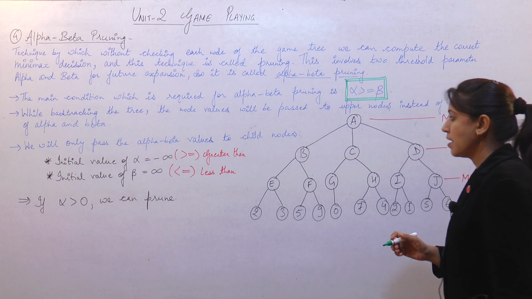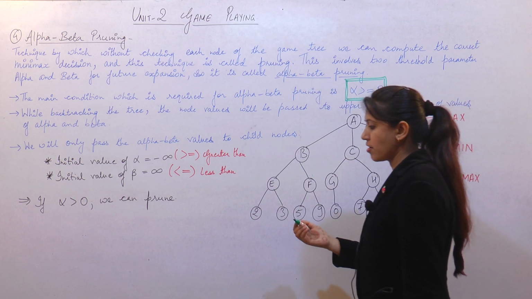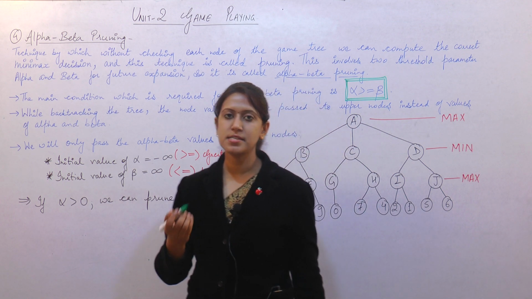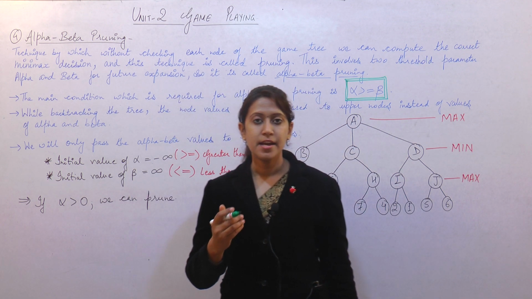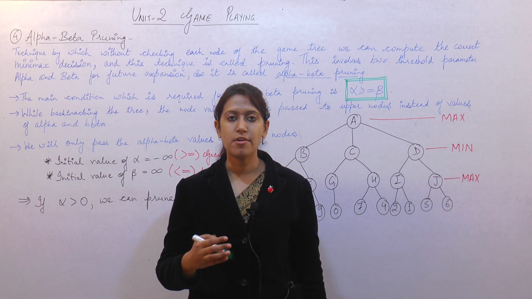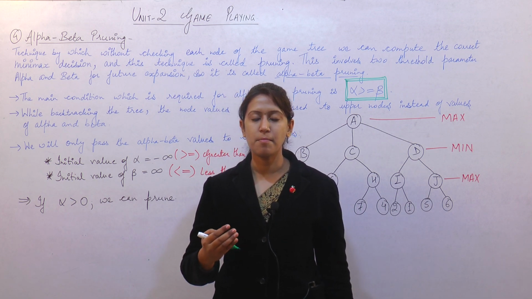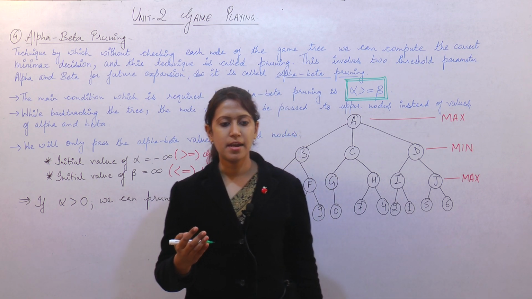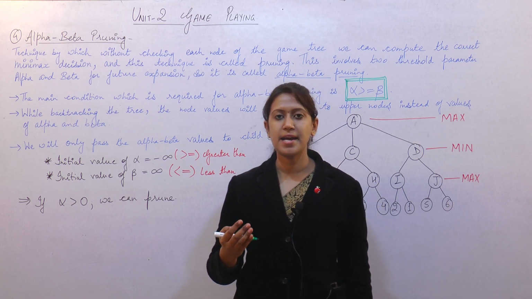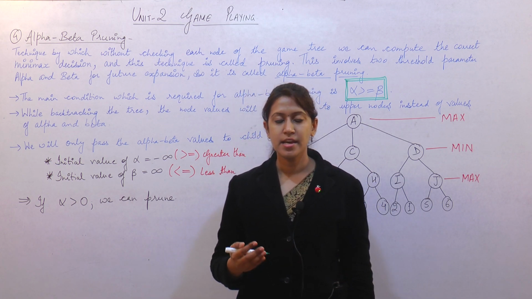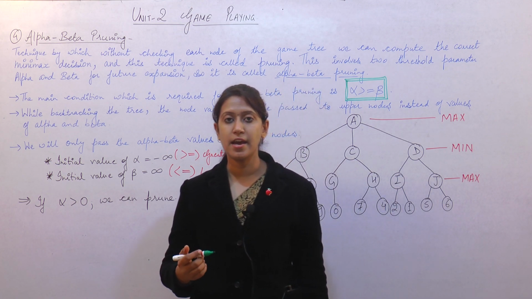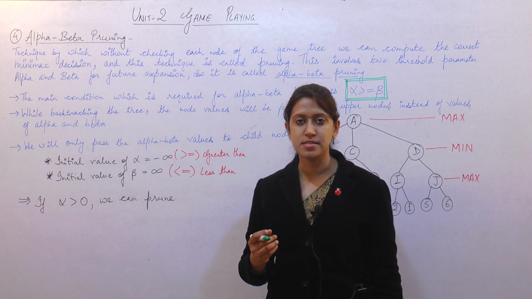values. But the drawback or the disadvantage of minimax algorithm was that it was very slow for complex problems, like the game of chess. In the game of chess we have a large number of comparisons.